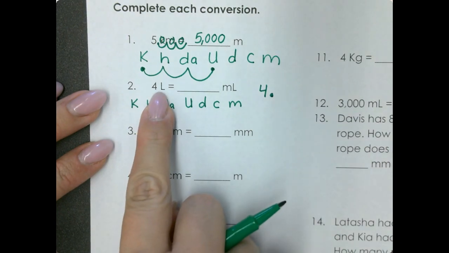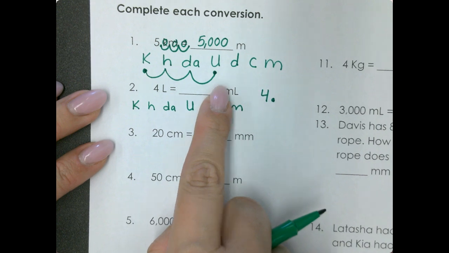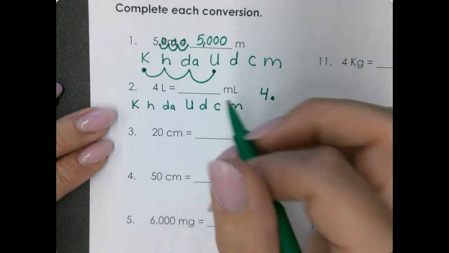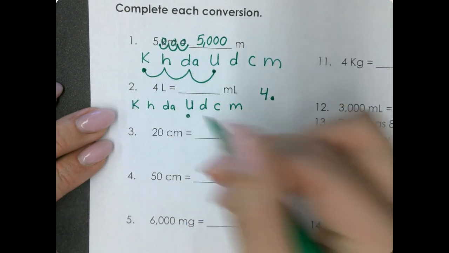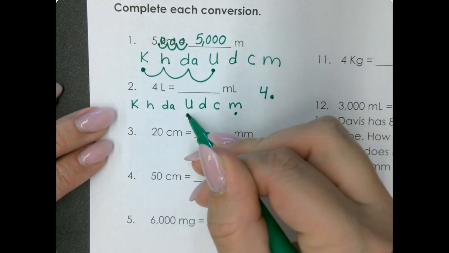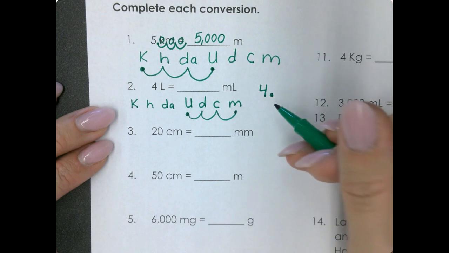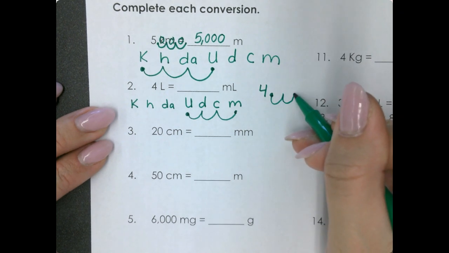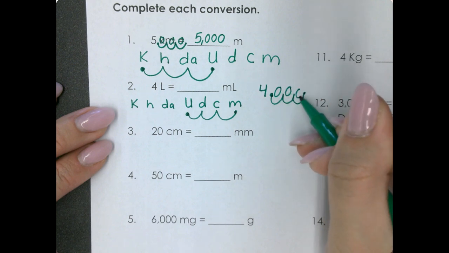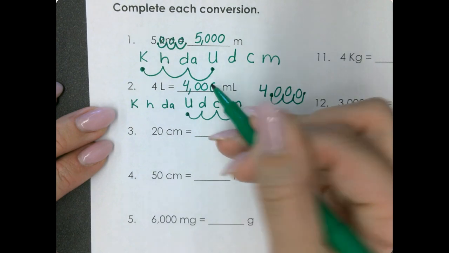We have liters, L, and we're going to milliliters, mL. Where do we start? Where do we end? Yep, we're starting at the U. That's liters. Where do we go to? The M. Here to here. So we have 1, 2, 3. 1, 2, 3. Fill in those with zeros, right? And we get 4,000.